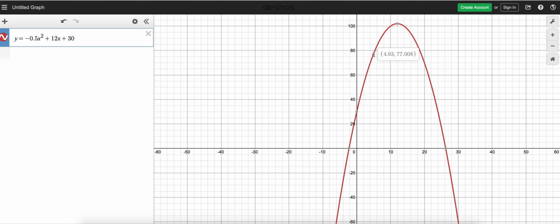So if I plug 5 into my equation, I do negative 0.5 times 5 squared plus 12 times 5 plus 30, and it gives me this point right here at 77.5. As we compare my name to other people's names, we should see that these values are going to cycle. They're going to go up and reach this maximum point, but then let's say somebody has more than 12 letters.